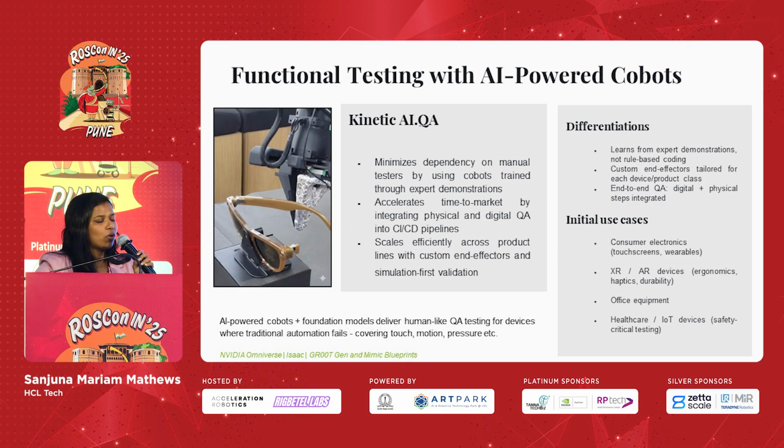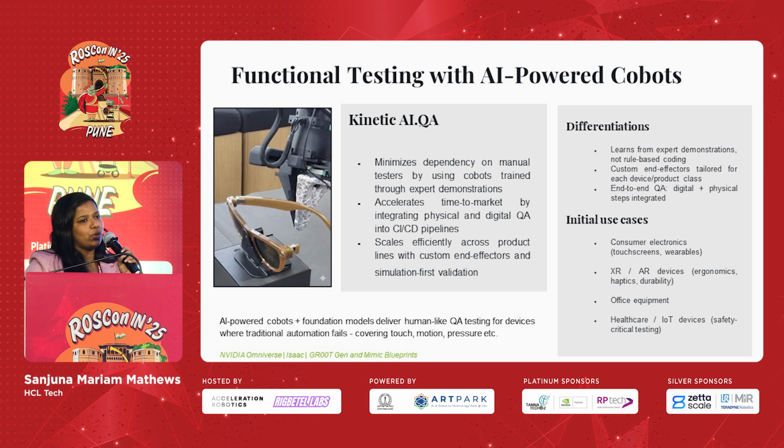Cobots will learn from human demonstration, and for each product, each device, we will be able to design and fabricate a custom end effector. Basically, this will help in end-to-end quality assurance using digital validation and physical testing.